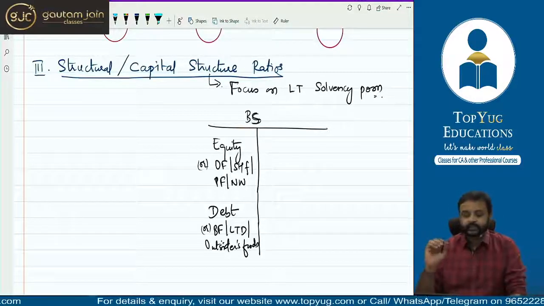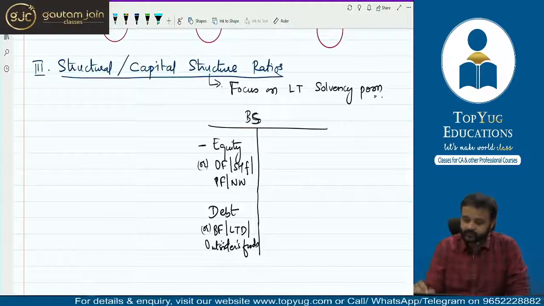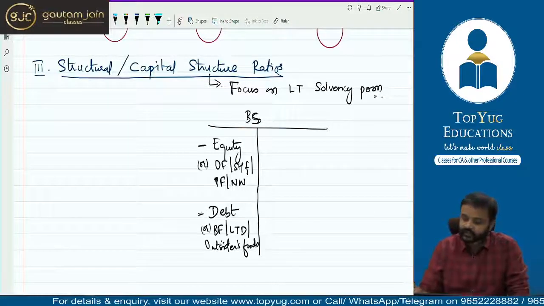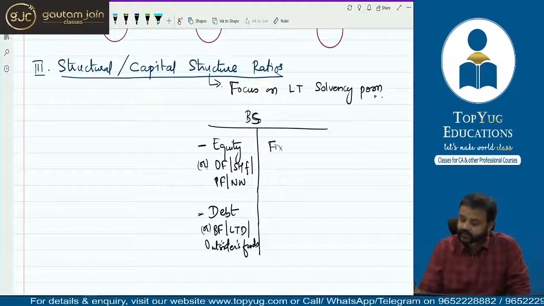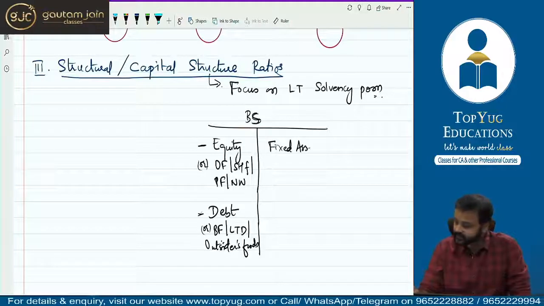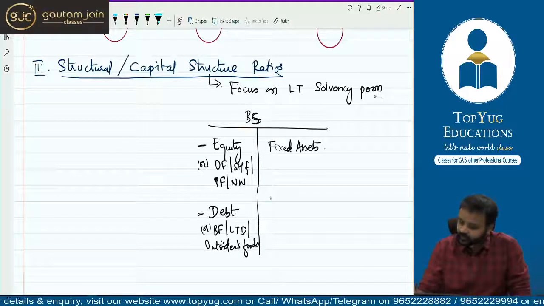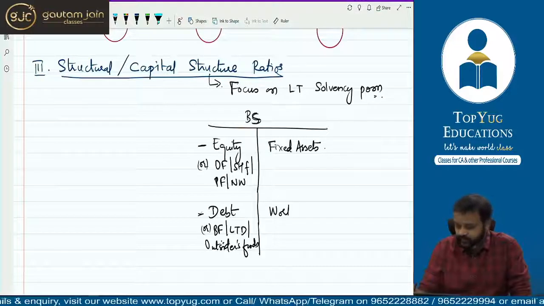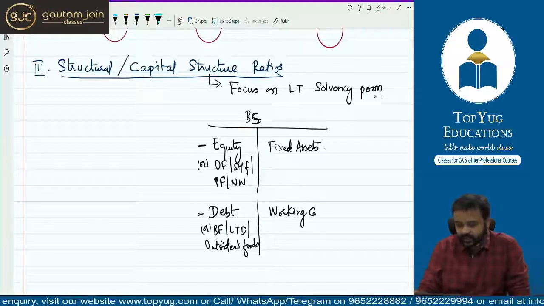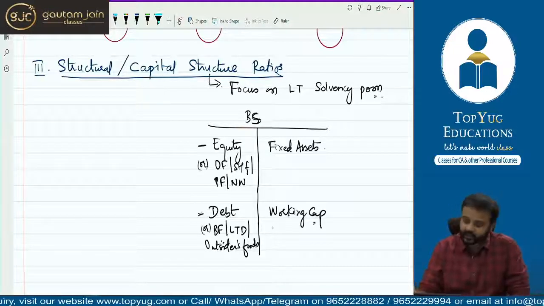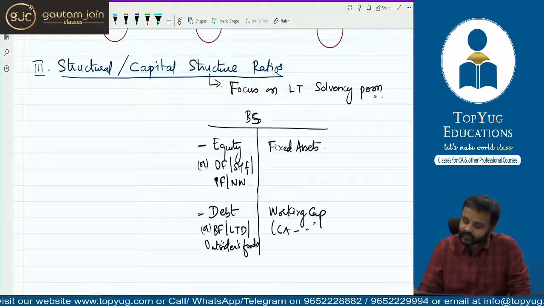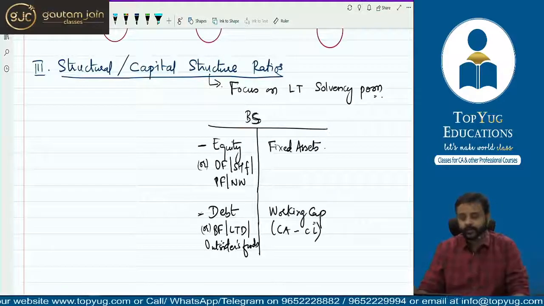So equity, debt, and then on the asset side we'll say fixed assets, and then working capital, which is nothing but current assets minus current liabilities. The difference of current assets and current liabilities gives us working capital.